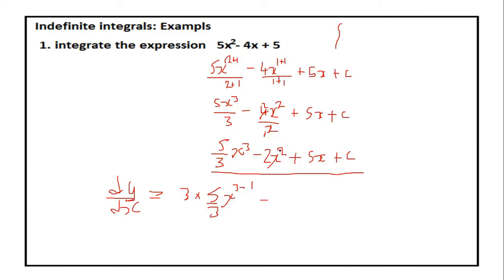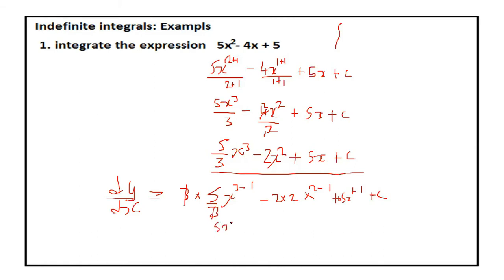Then this one will be minus, this 2 will come down, so it will be 2 multiplied by 2, then x to the power 2, we subtract 1, then plus 5x, so this 5x is just the same as the 1 here, which will come in front, 1 times 5 there, then 1 minus 1, then plus a constant c, which we cannot find.